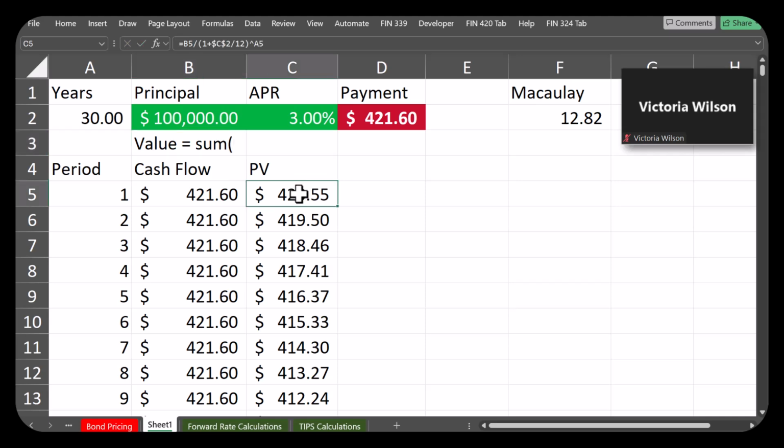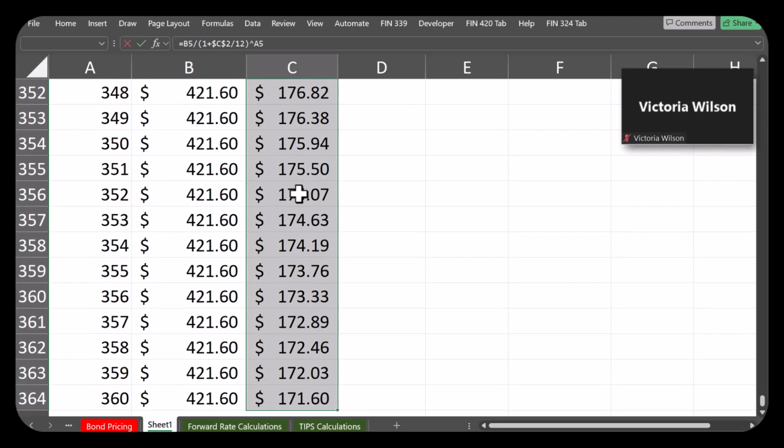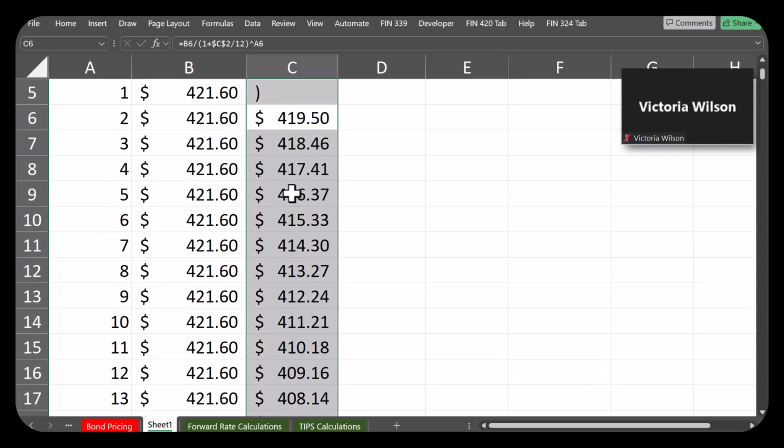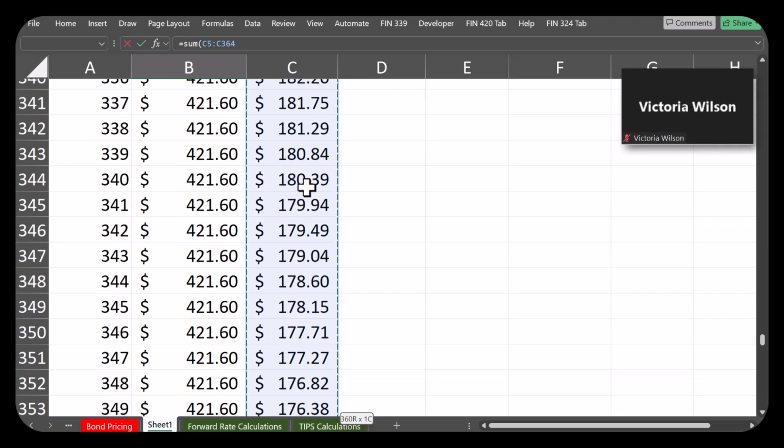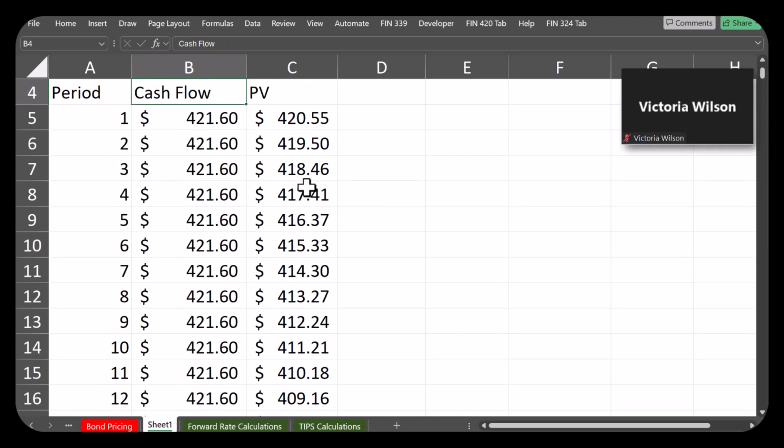If we calculated the payment right, it should be 1,000 anyway.